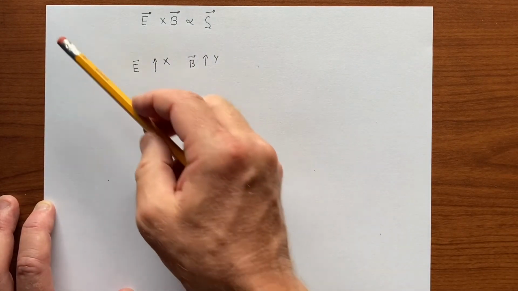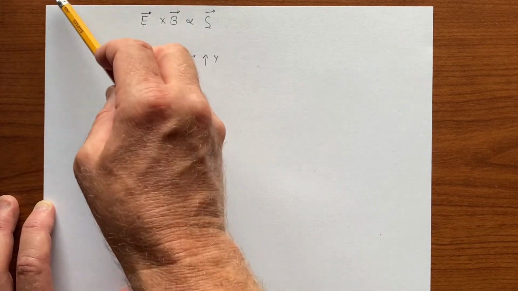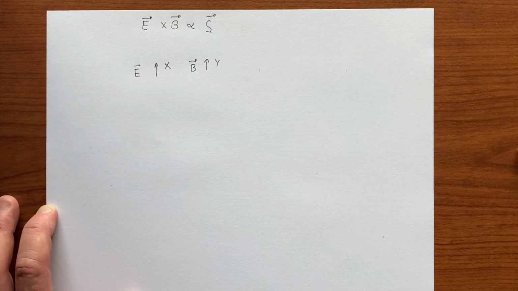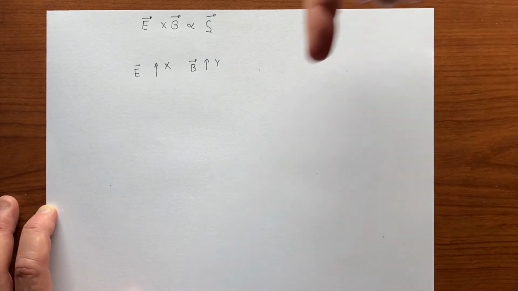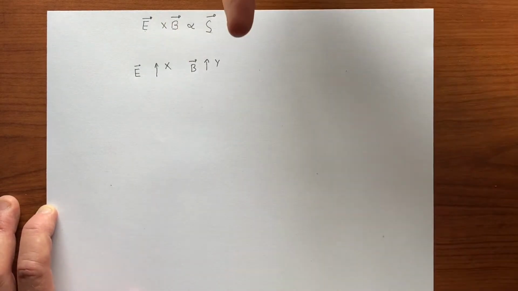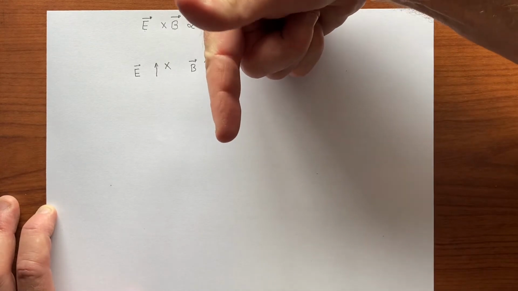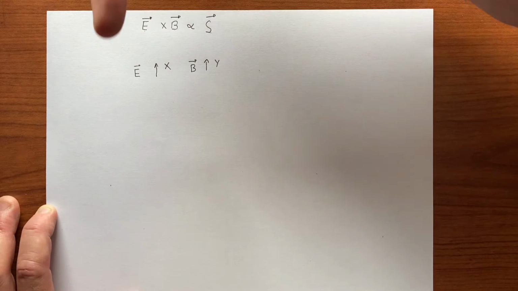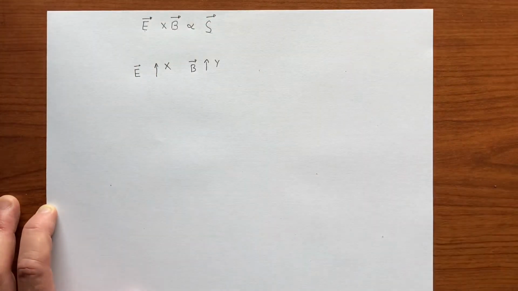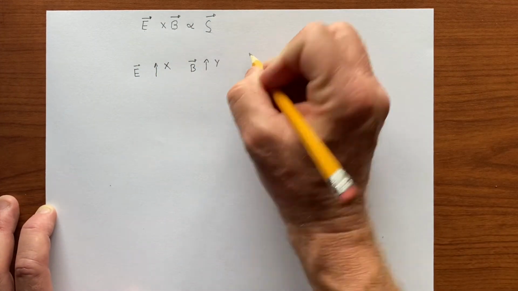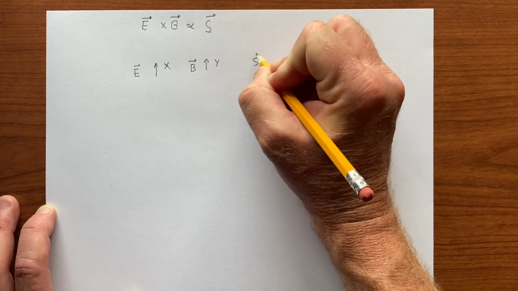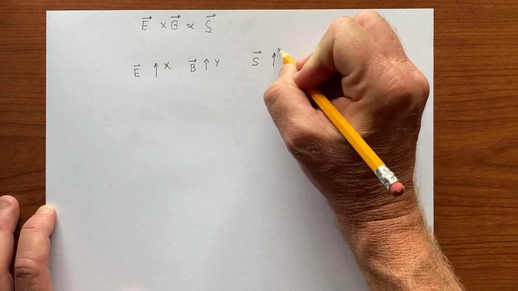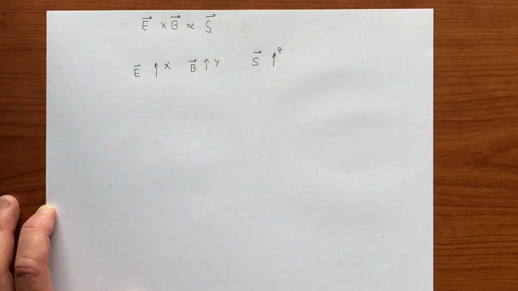So if this is, say, x direction here, this is the y direction, and z is out of the page, we have that our index finger has to be this way, downwards along the page, and the middle finger has to be to the right because it's in the y direction, and therefore the wave is in, so S is in the plus z direction as a result of that.